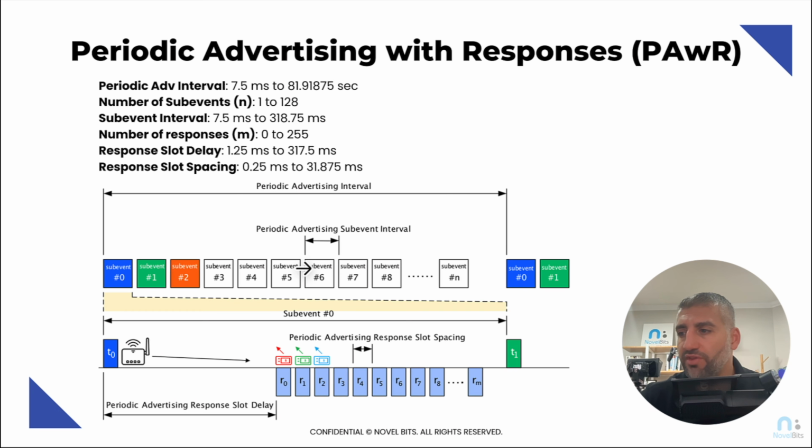I don't know what that would look like. I forget if it's like 32,000 devices theoretically. So 128 times 255, yeah, that's 32,640 devices, but that's very theoretical.